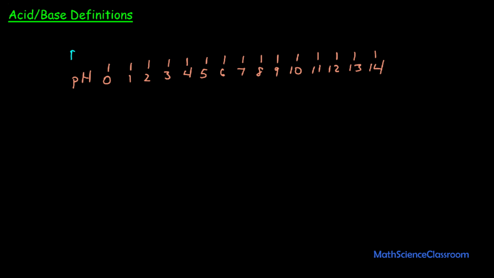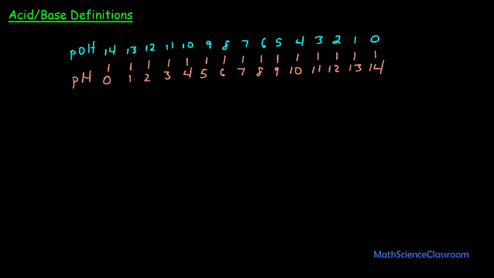So pOH will begin at 14, 13, 12, 11, 10, 9, 8, 7, 6, 5, 4, 3, 2, 1, 0.